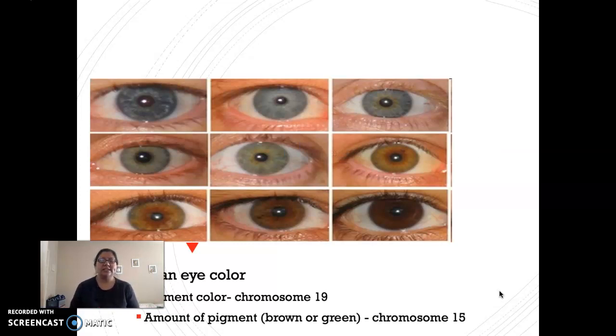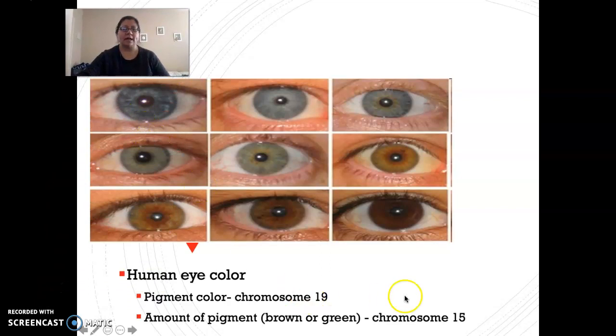So a good example of this, let me move my little box. A good example of this is human eye color. So technically there's more than just these two chromosomes, but these are the two major ones. So if we're looking at human eye color, you actually have two major chromosomes that determine what color your eyes are. So normally we think of brown eyes and blue eyes. We usually think of brown eyes being dominant and blue eyes being recessive.